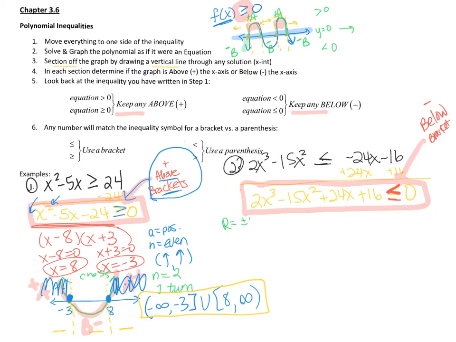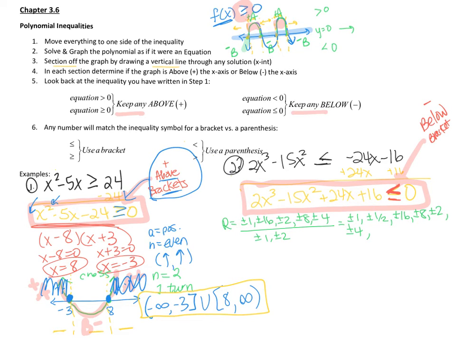So I'm going to have plus or minus 1, plus or minus 16, plus or minus 2, plus or minus 8, plus or minus 4, divided by plus or minus 1, plus or minus 2. When I start to divide these, I get 1, 1/2, 16, 8, 4, and 2.